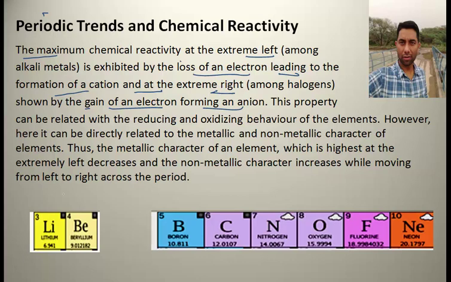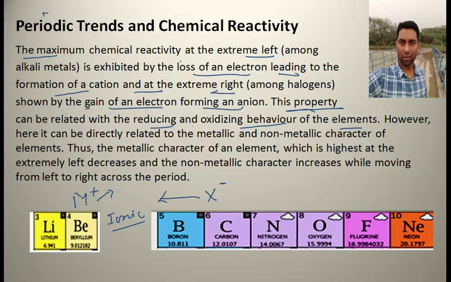If the species on the left form M positive, the species on the extreme right will form X negative, and as a result, these are also reactive. Both species try to form compounds, and most of these compounds are ionic in nature. This property can be related with the reducing and oxidizing behavior of the elements.